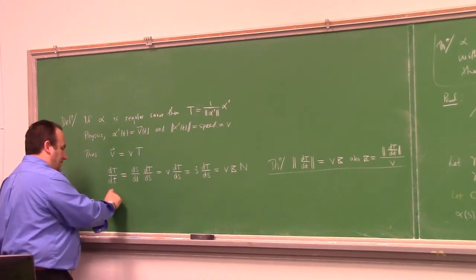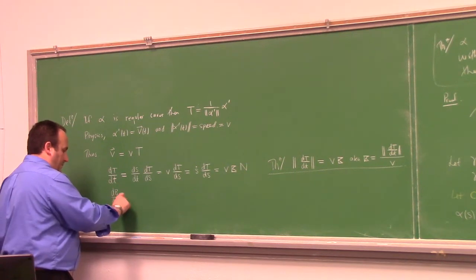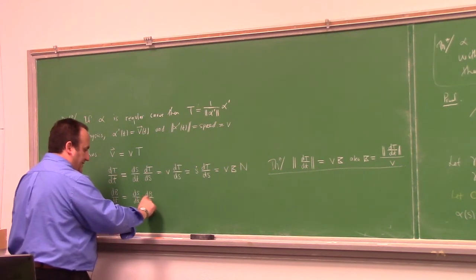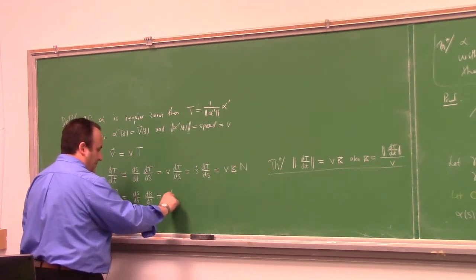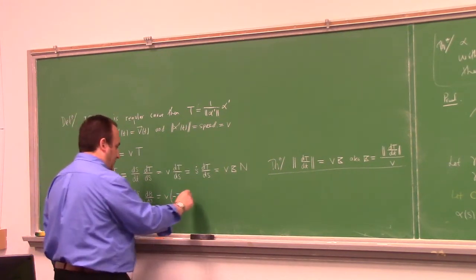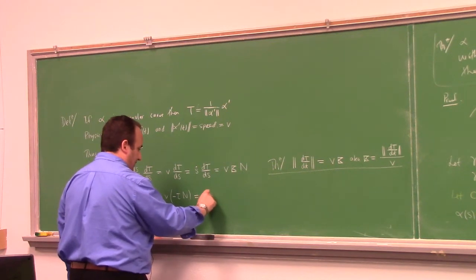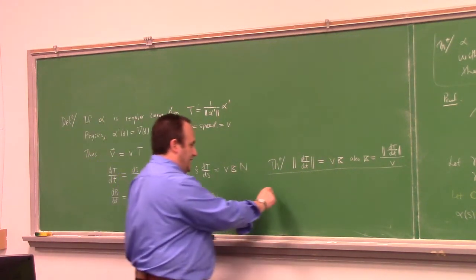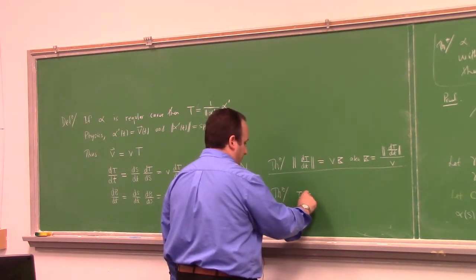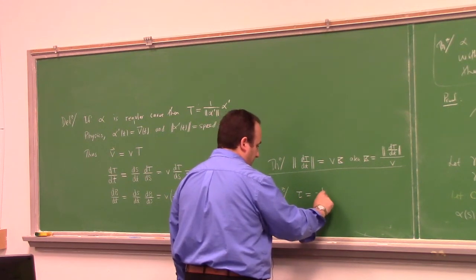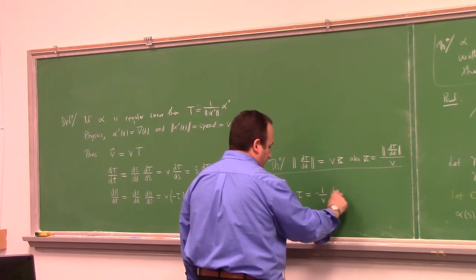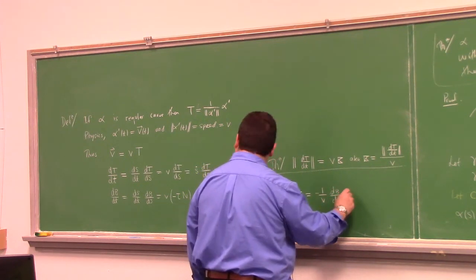Similarly, if you look at dB dt, well, that's equal to ds dt dB ds, but dB ds is minus tau n, right? So you get minus v tau n, and this gives us the theorem that the torsion as a function of time is minus 1 over the speed times dB dt dotted with n.